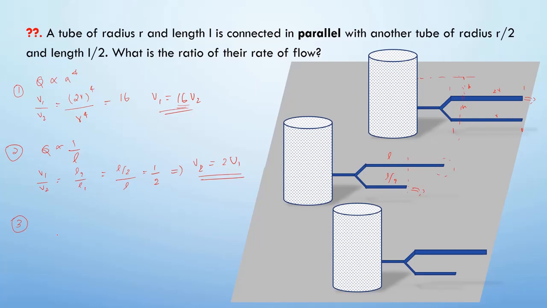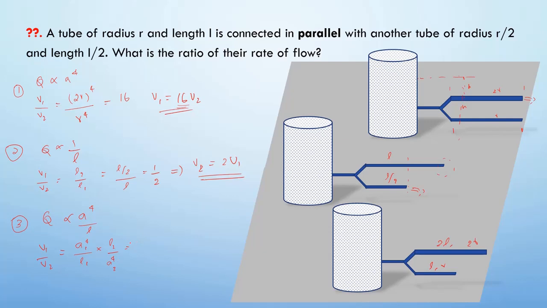And let's try another combination with both of these, that is, when its length is 2L and its radius is 2r, while for the second the length and radius are half. We have the equation Q is proportional to a to the power 4 by l. So V1 by V2 is a1 to the power 4 divided by l1 into l2 divided by a2 to the power 4.